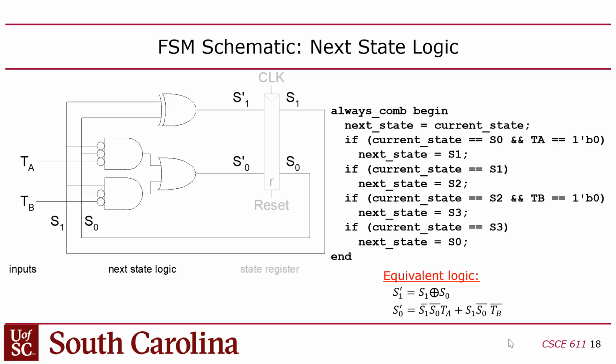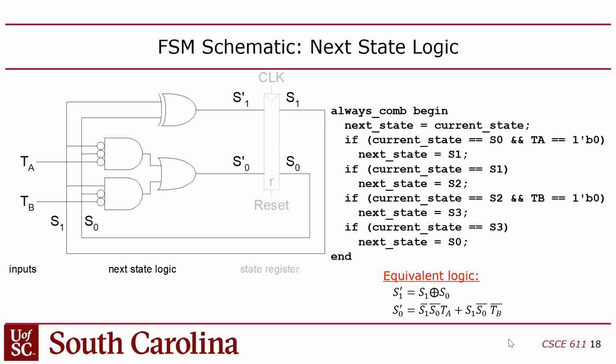And then the other bit, S prime sub 0, is this logic. We just converted the Boolean logic to gates. So you have this next state logic feeding the D input on the register here, and then the Q output is coming back around and being used as inputs to the next state logic.